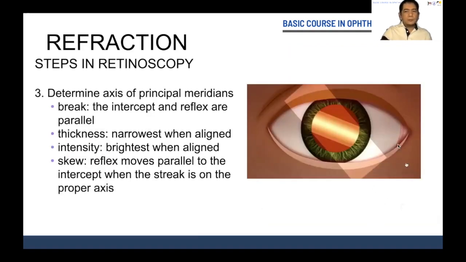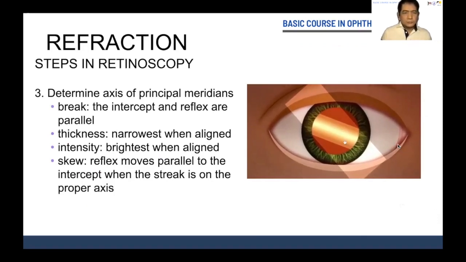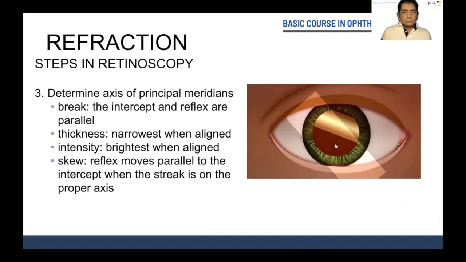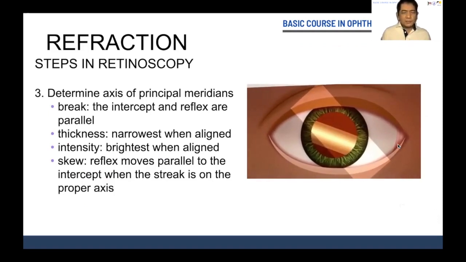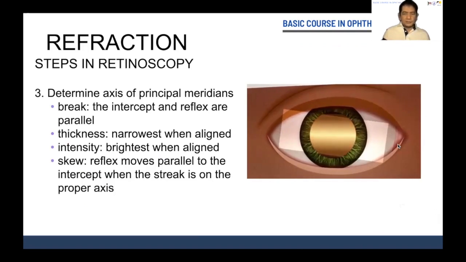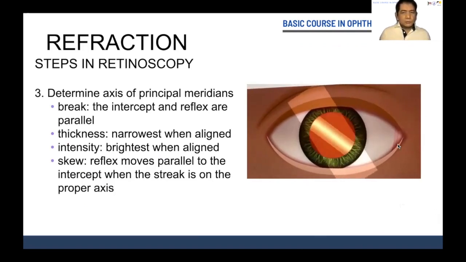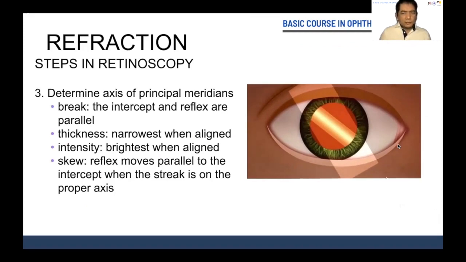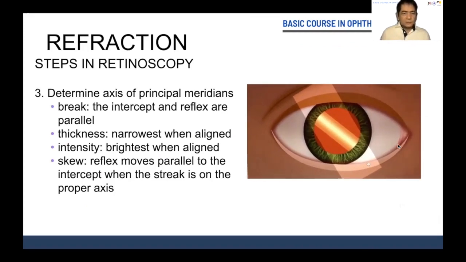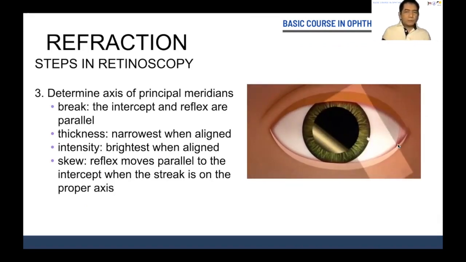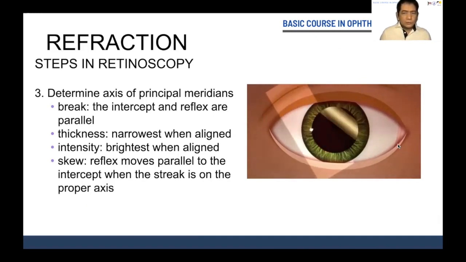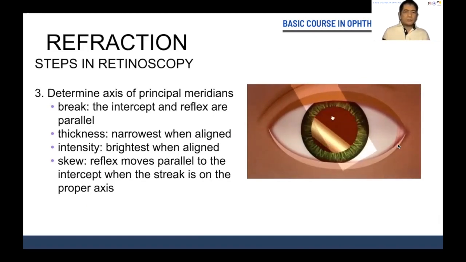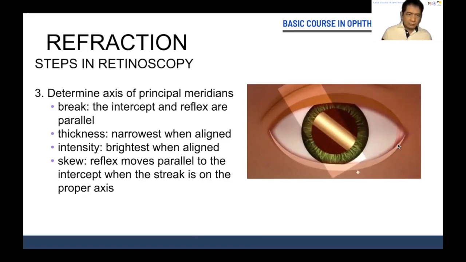And then the third one is determine the axis of principal meridians. Principal meridians could be vertical or horizontal, but sometimes they are in an oblique position, like in this case. If the appearance of your reflex is like this, you should rotate the streak in order to position the streak and the reflex parallel to each other.